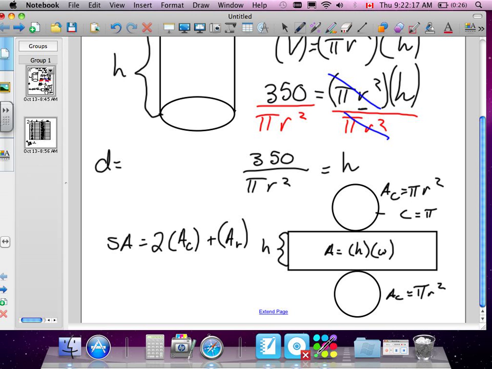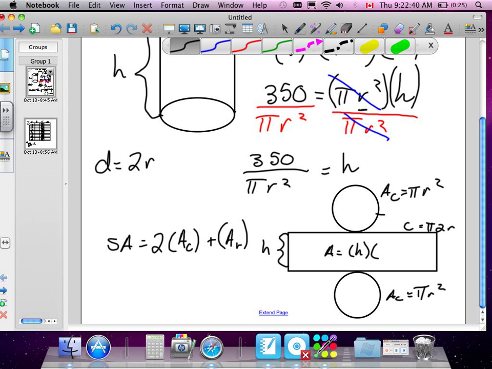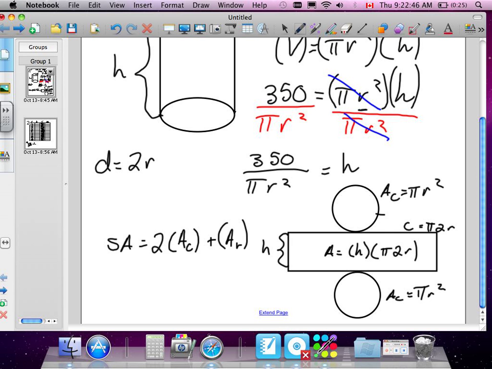So instead of using the formula C equals pi times d, I'm going to replace the d with 2r, so pi 2r. So what that's telling us is our width. I'm going to replace our width now with pi 2r. Those are all separate terms.